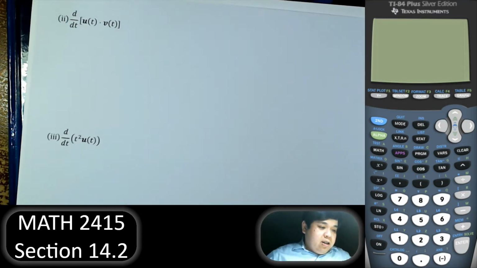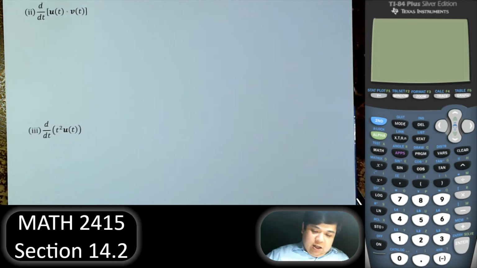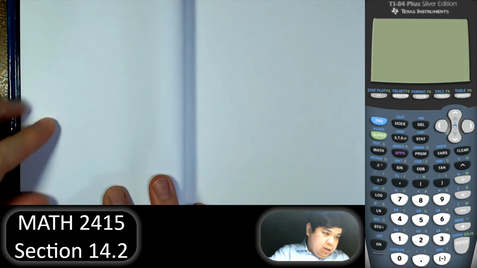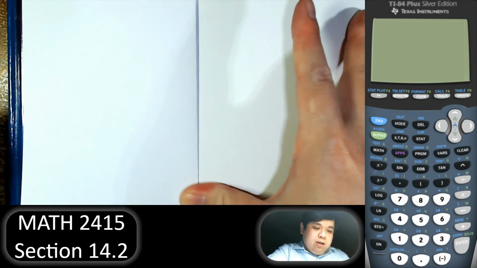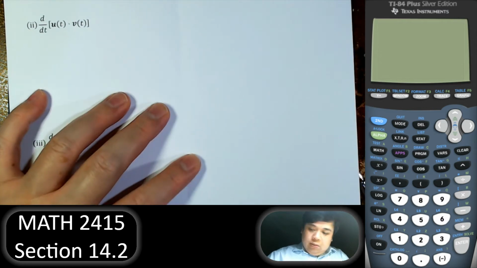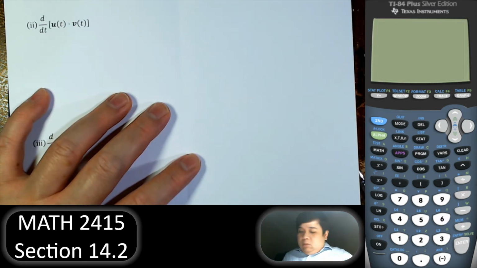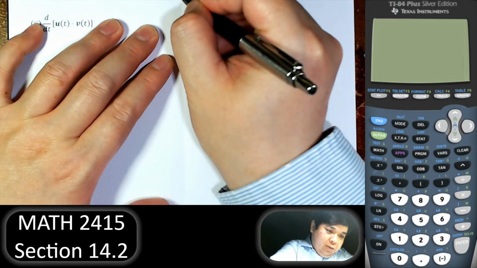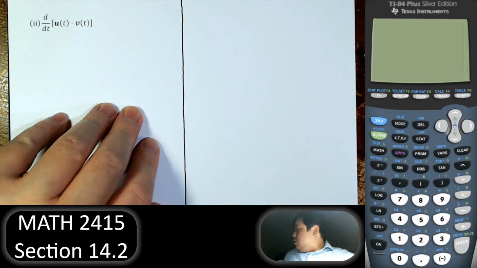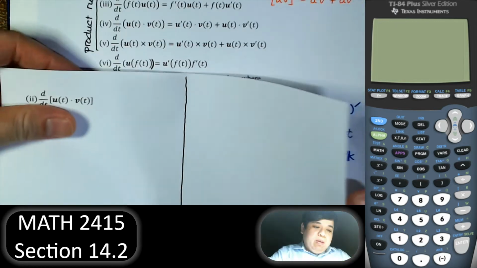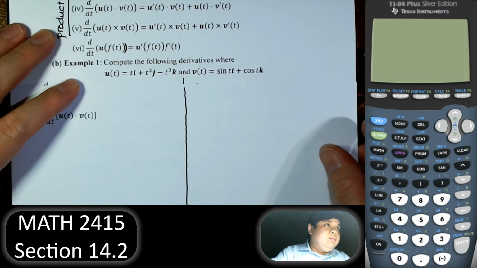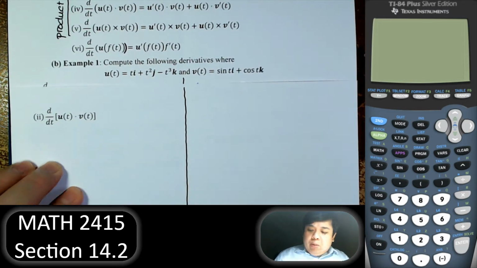Right. Next, we have a dot product. Let's do this in two different ways. We still have the functions u and v like that. Right, first, the derivative of the dot product.